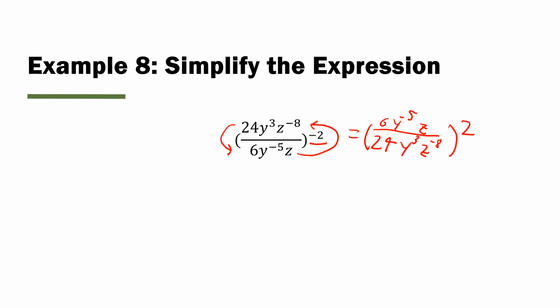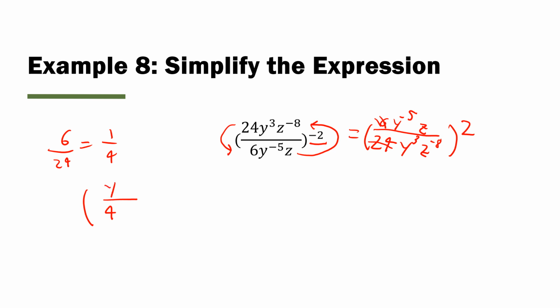Now I can start simplifying these like terms. So first off, let's look at the integers. 6 divided by 24 is just 1/4. So I'll have 1 divided by 4. Okay, that takes care of this. Now I have y to the power of -5 divided by y to the power of 3.